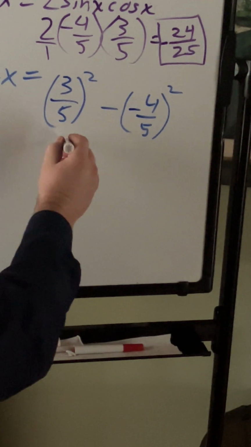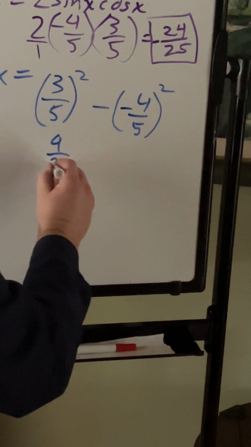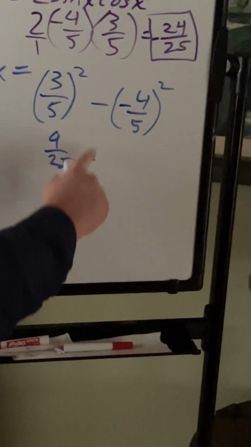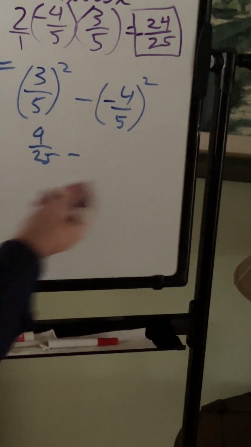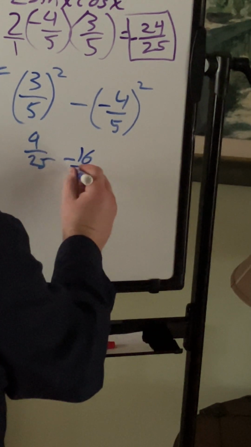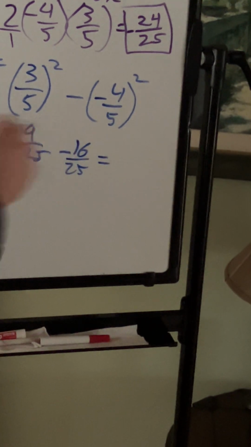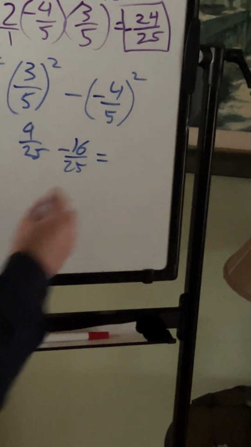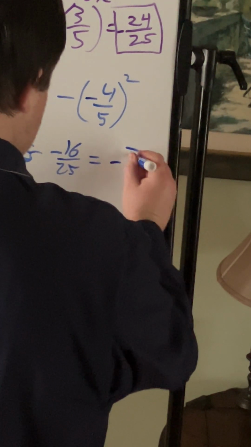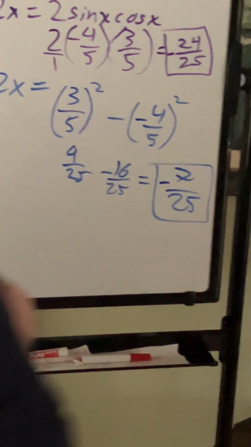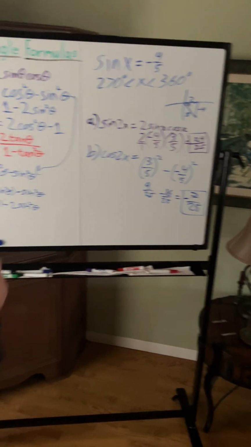That's 9/25 minus, and it's still minus because when I square a negative, that's going to be positive, right? Minus 16/25. Well, common denominator, 9 minus 16 is -7. So I have -7/25.